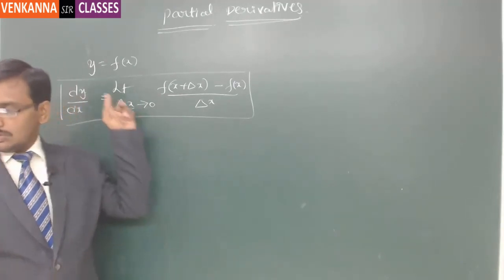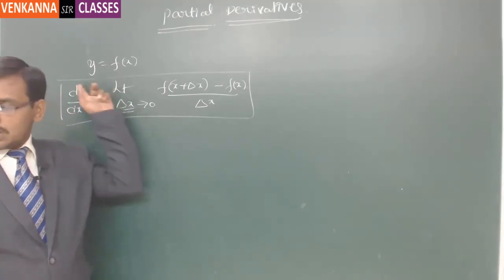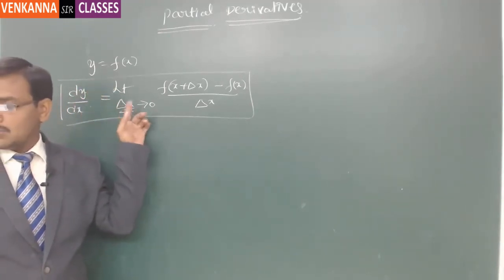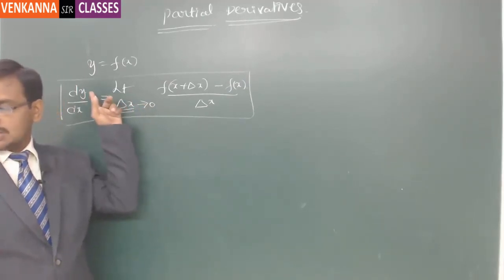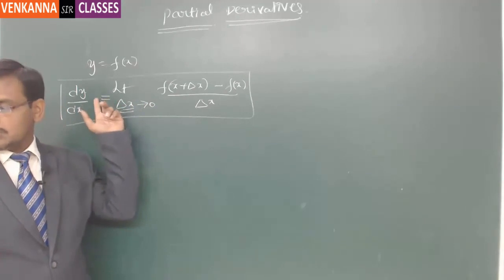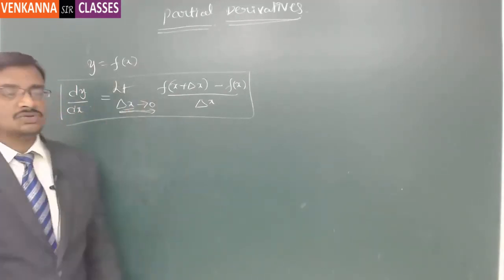So the relation between these two is what we defined as the derivative, when for a minor change in the value of x, there is a corresponding change in the value of y. This ratio we take for accuracy purposes as delta x tending to 0.